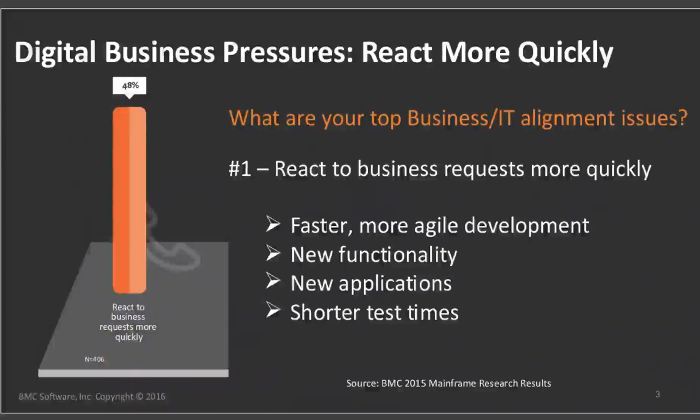One of the things that we've done at BMC for a little over 10 years now is to survey the mainframe market and try to understand what customers are dealing with and what they need help with.